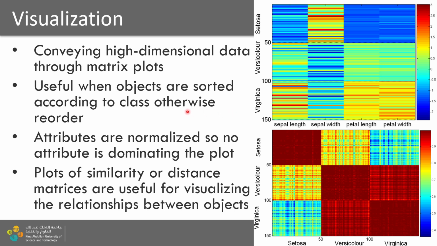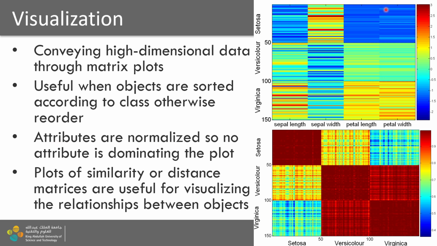If we do not have the class information, it might be relevant to reorder the different objects in such a way that similar values will be next to each other, and that could lead to an insight where we can see that some elements of our dataset clearly form a separable cluster, visually, from the other data elements in our dataset.